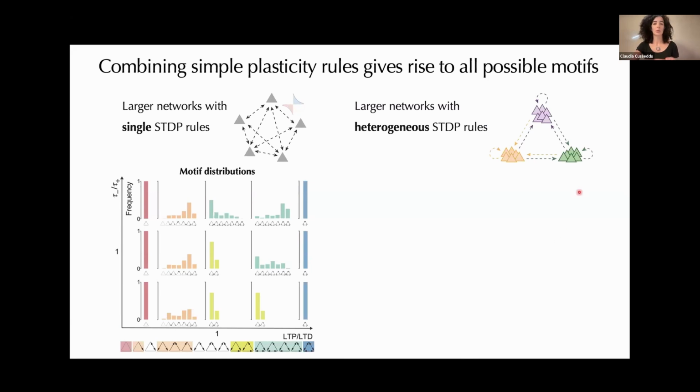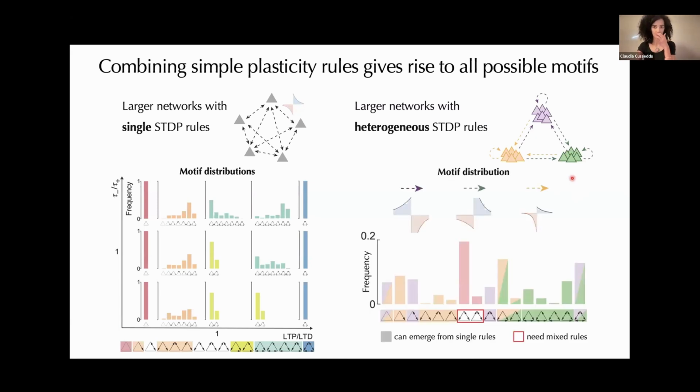What we did was to split the network into 3 subgroups, and each subgroup receives connections postsynaptically. So we assign the plasticity rule to the postsynaptic neuron. For example, the green group will receive connections and also self-connections that undergo a specific rule, and the same for the orange and the purple.